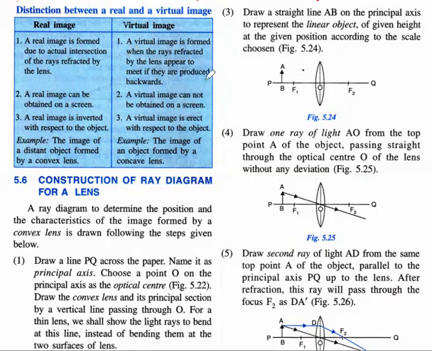They said real image can be obtained on the screen, virtual image cannot be obtained on the screen. Yes, these points are very important, just go through it. An example you have to remember.